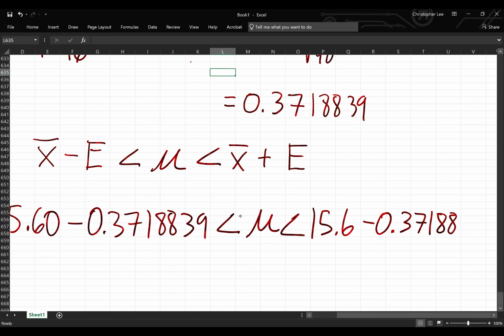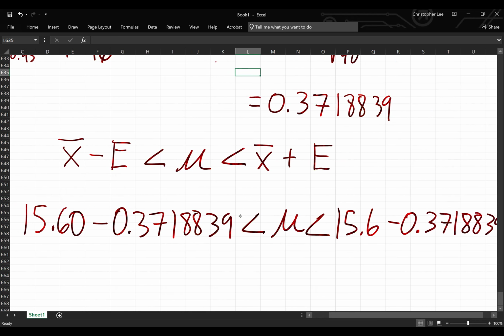So mu is what I want to know, but I can't know it. I can only do a range for it. So very simply, let's do this out, right? 15.6 minus the 0.37. So we're gonna add this stuff? First subtract and then add.